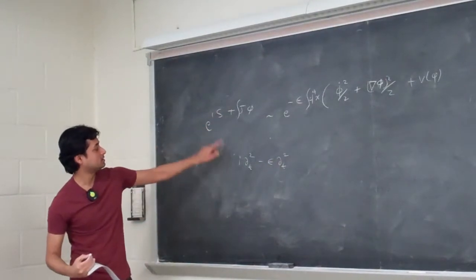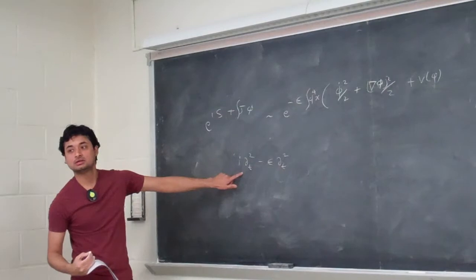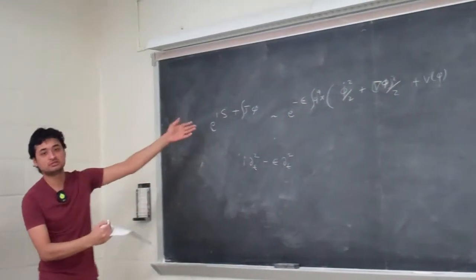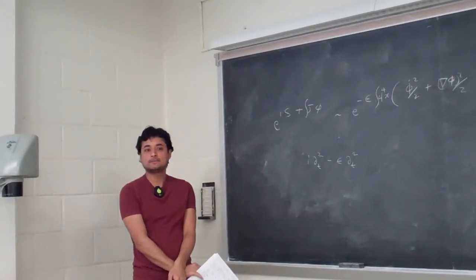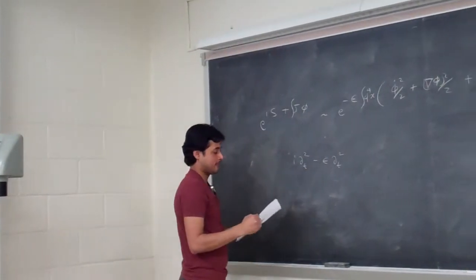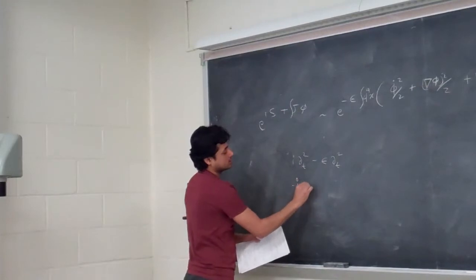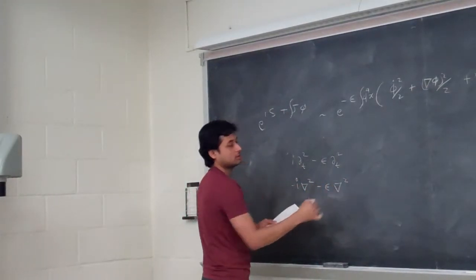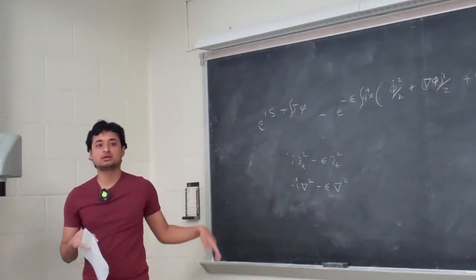Okay, there is an i dt squared in here. There is a minus epsilon dt squared coming from here. A factor of half is also there in the action, right? Similarly, it's minus i grad square minus epsilon grad square, right? This is what the combination is appearing.